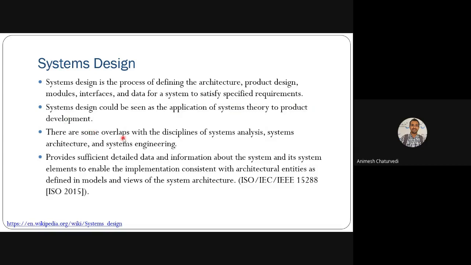Then there is some overlap between various disciplines like system analysis, system architecture, systems engineering. Basically there is significant overlap with the systems requirement. So the systems requirement, system design, concept modeling, all these things are interrelated, and nobody knows where a particular topic finishes and another begins.